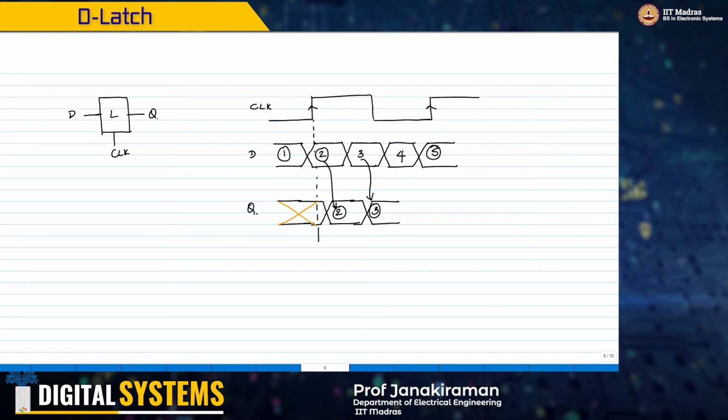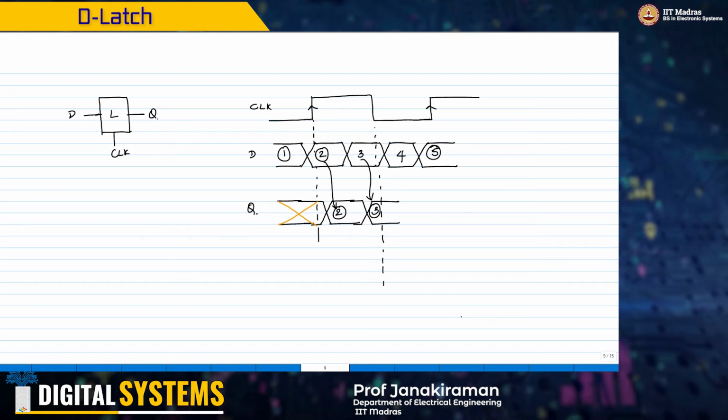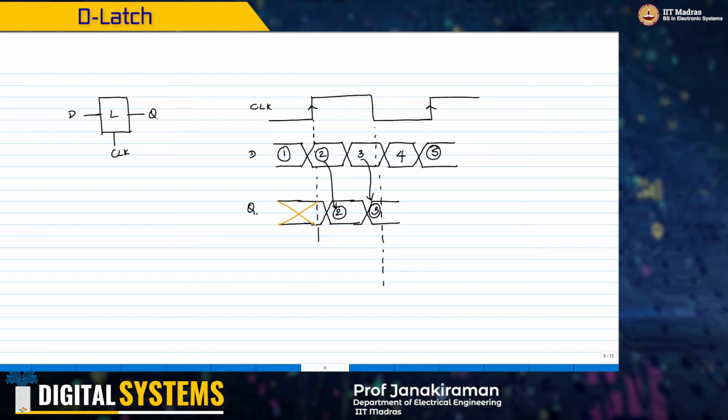Now for the latch here, the latch is going to sample the data on the falling edge, on the negative edge. That is how it's supposed to behave. So whatever is sampled on the negative edge, I will put that in red here.